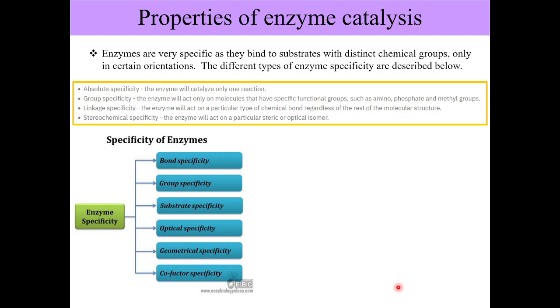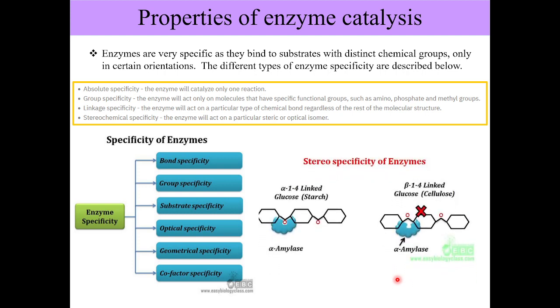Okay, so let us look at this diagram. Here we can see that enzymes are even specific to the optical isomerism, right? So stereoisomerism. If you look at this particular figure, this is starch. Starch is made up of glucose molecules and the glucose molecules are bound to one another by alpha 1,4 linkage.